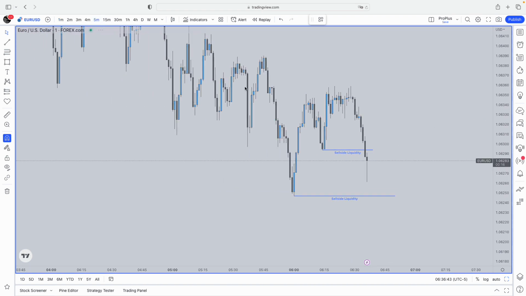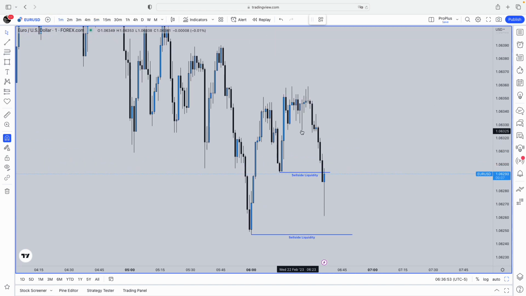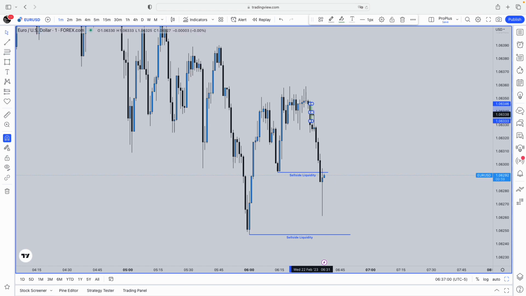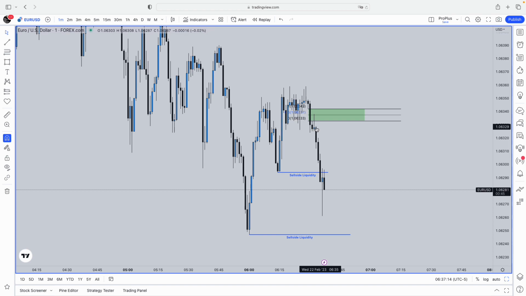But the structure of it, how it pushed back up into this order block, came into the mean threshold, and then market structure shift there, displacement, fair value gap here, and then mean threshold there, consequent encroachment, sorry, and then the body closes way below it, shows that it's bearish.